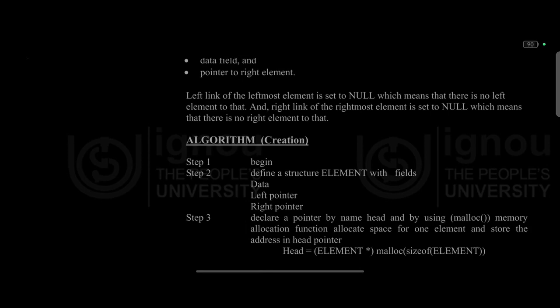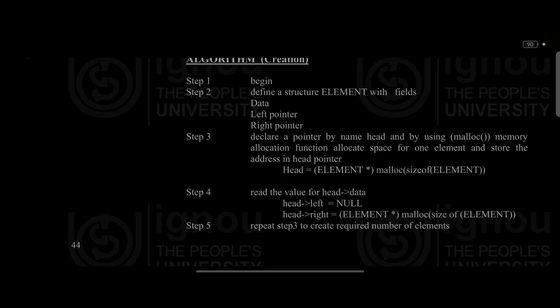Algorithm creation. Step 1, begin. Step 2, define a structure element with fields data, left pointer, right pointer. Step 3, declare a pointer by name head and, by using the malloc memory allocation function, allocate space for one element and store the address in the head pointer.